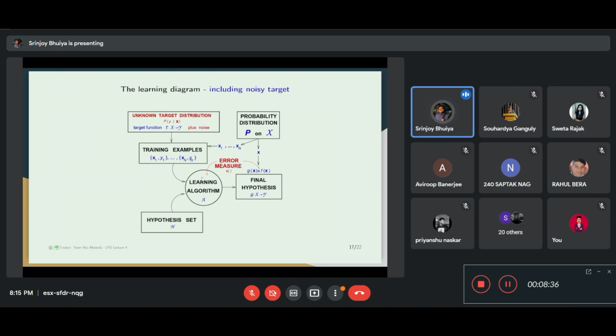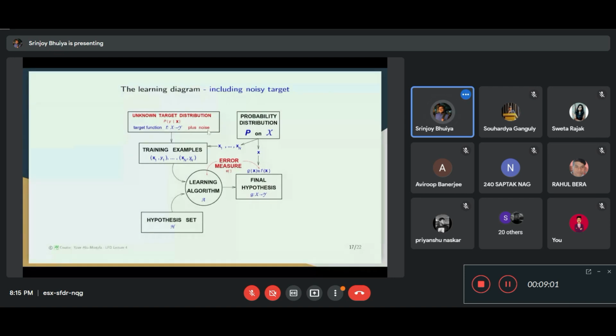Now this is how the entire journey of a problem would go. You start with this target distribution, which is basically the target function f we were talking about previously. We need to find what that is, but we can never understand what it is for sure. Even if I give you a million data samples, you'll never be able to understand exactly what it is.